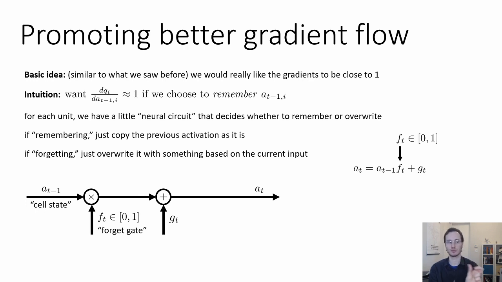It's just continuous, but you can crudely think of it as being almost binary. So then the derivative, d at over d at minus 1, is just ft, which is a number between 0 and 1, and if we want the RNN to remember, then that number might be close to 1, and that's what we want.